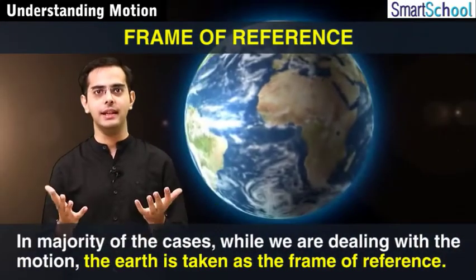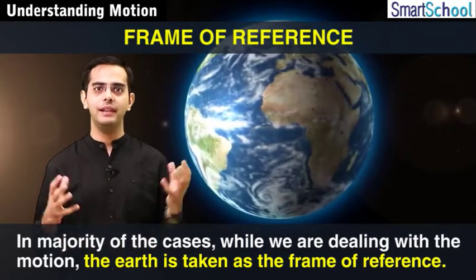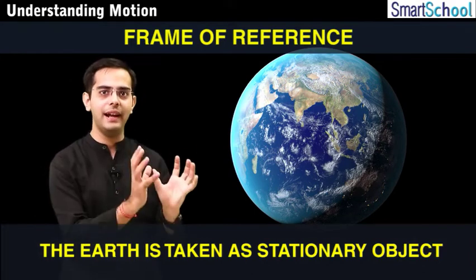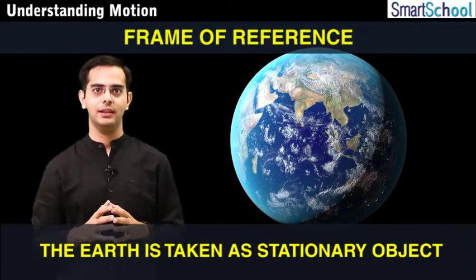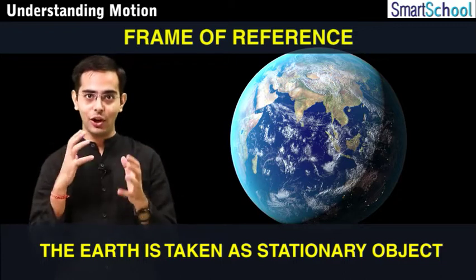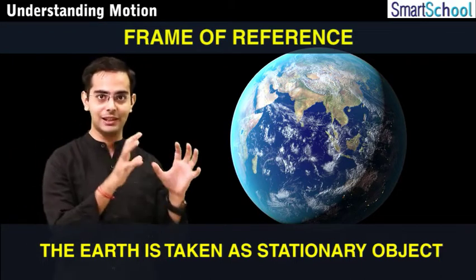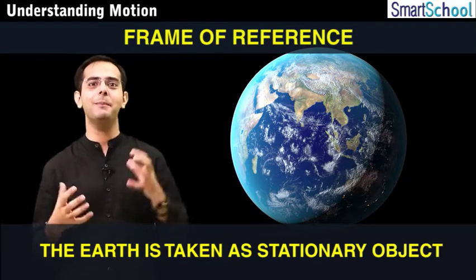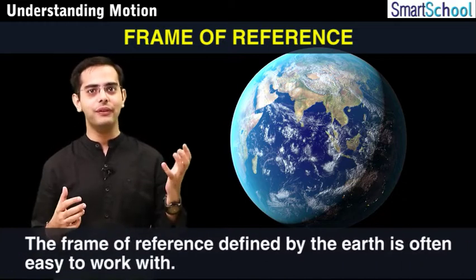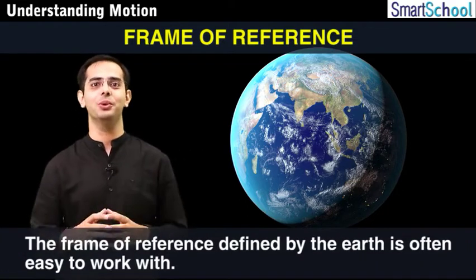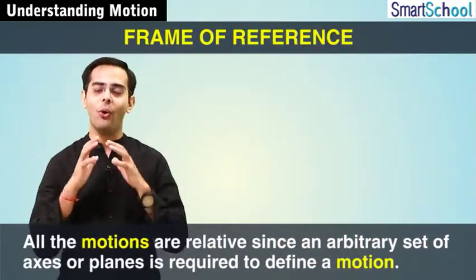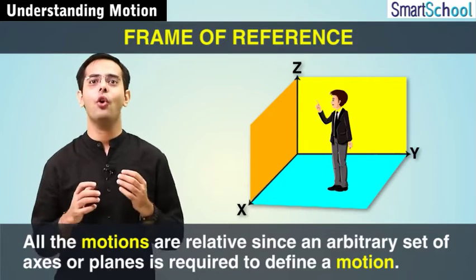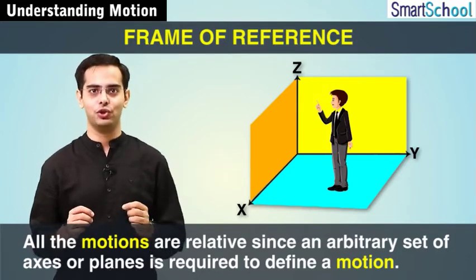In the majority of cases, while dealing with motion, we take Earth as the frame of reference. So the Earth is taken as a stationary object and we define it as the frame of reference. And trust me friends, it is not that the Earth is a perfect frame of reference and that's why we have chosen it. But for many purposes it is good enough, and that's why we have arbitrarily chosen it. Also, the frame defined by the Earth is often easy to work with. Actually all motions are relative, since an arbitrary set of axes or planes is required to define the motion.